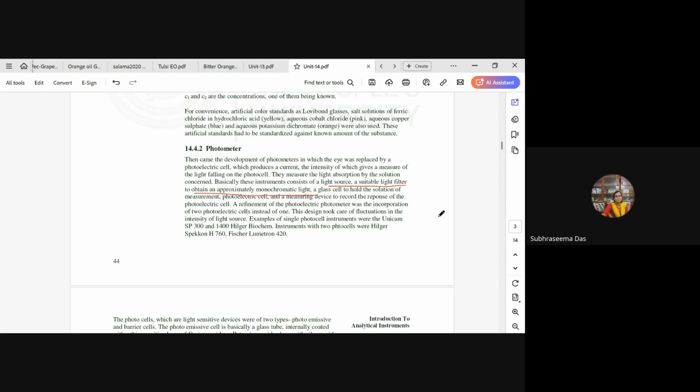A refinement of the photoelectric photometer was the incorporation of two photoelectric cells instead of one. Examples of single photocell instruments were the Unicam SP300 and the Hilger Biochem.